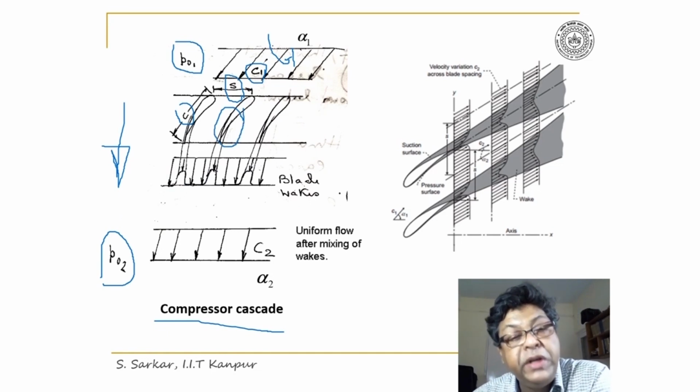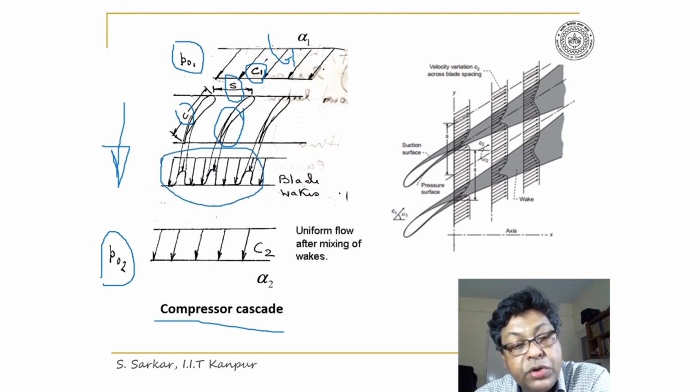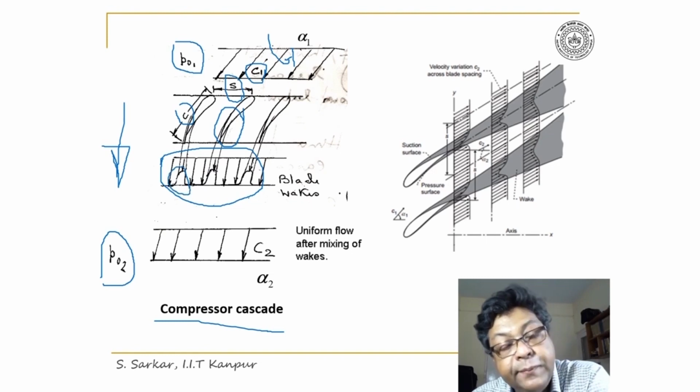And due to the formation of boundary layer on the blade surface, immediately downstream of the blade, the wake will appear with a velocity deficit. So the velocity profile will not be uniform. I have illustrated here a high velocity deficit.